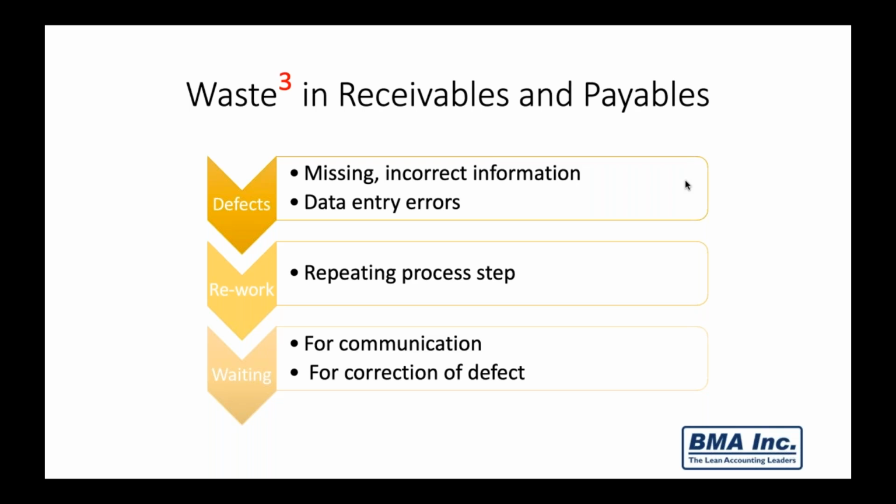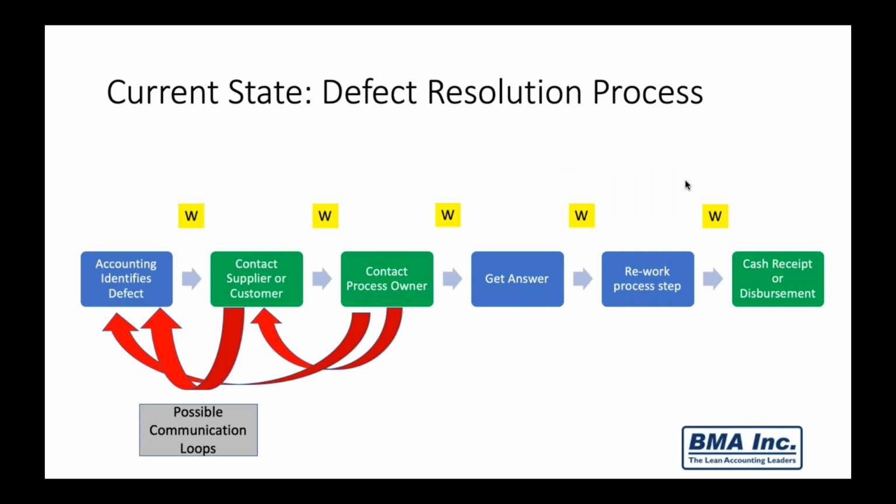And all of this work is non-value added. And so a defect in terms of information really has a multiplier effect on the amount of waste that it creates. So let's look at a typical way that defects are resolved.